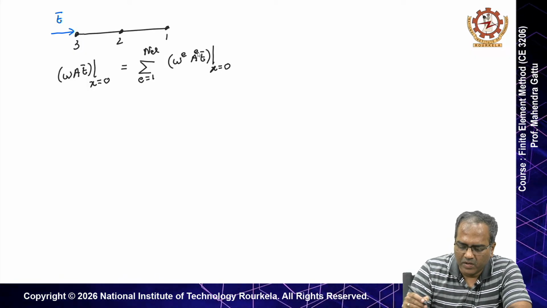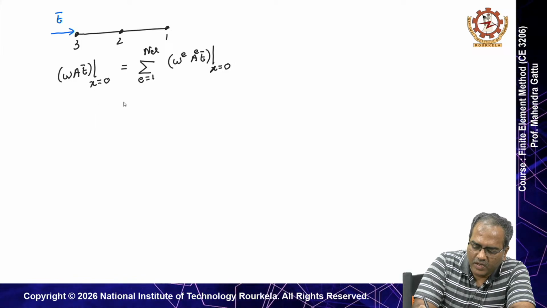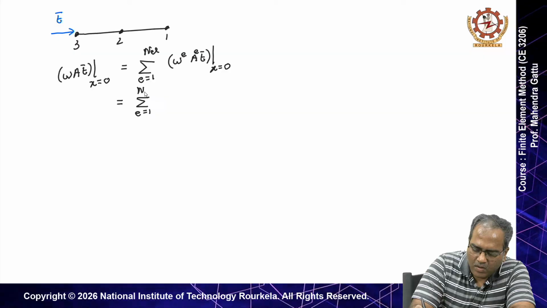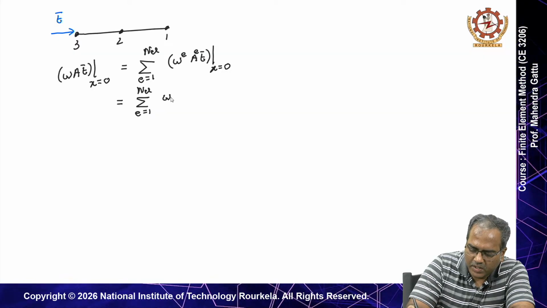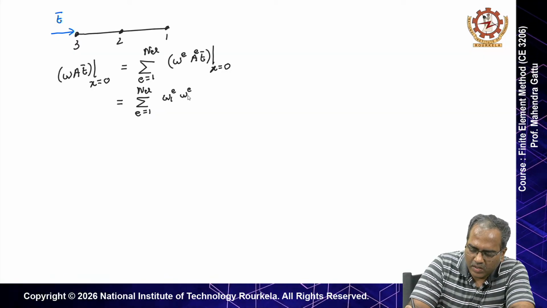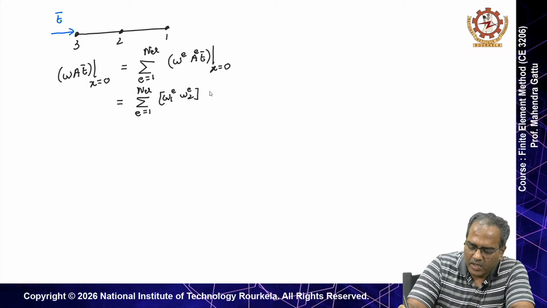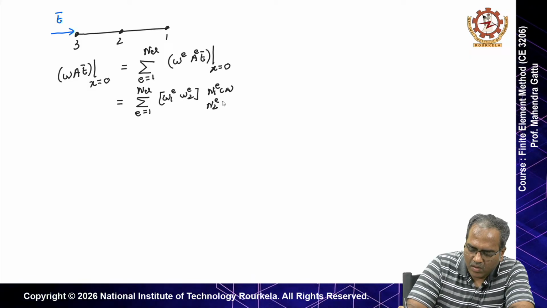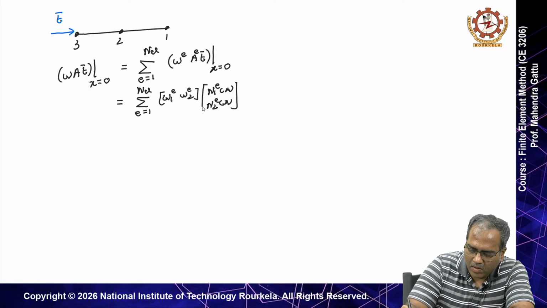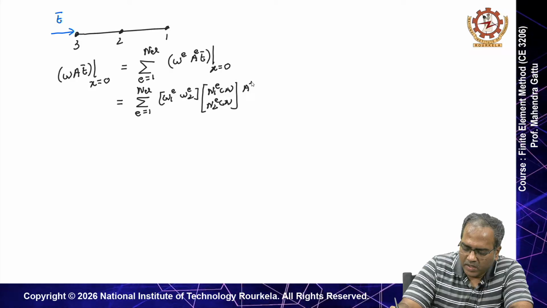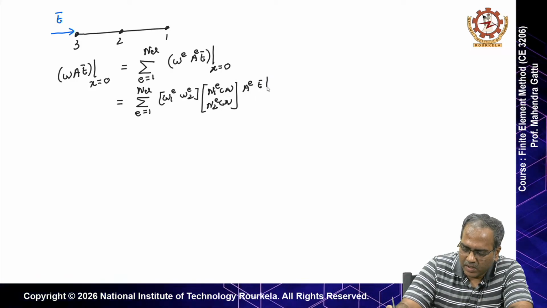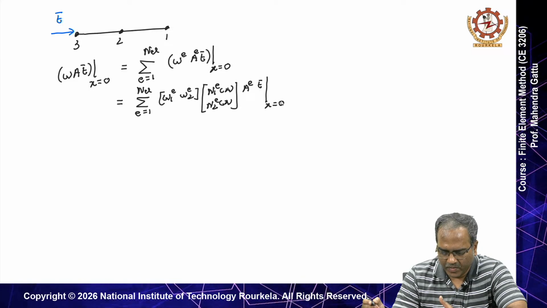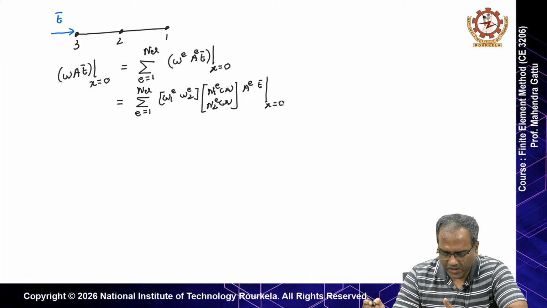Now, again the same exercise we will do. W is actually W1 E, W2 E, and then N1 E of x and N2 E of x. And we have A E times T bar at x equals 0. Okay. So, we can have a scatter operation for this problem.